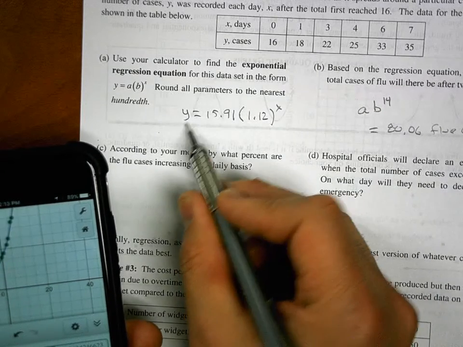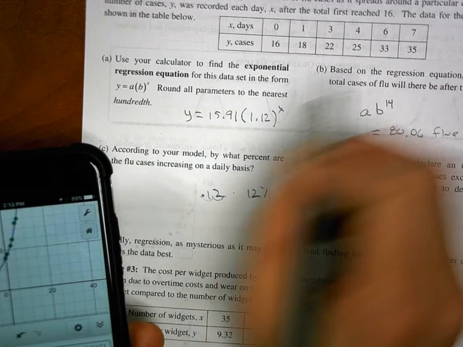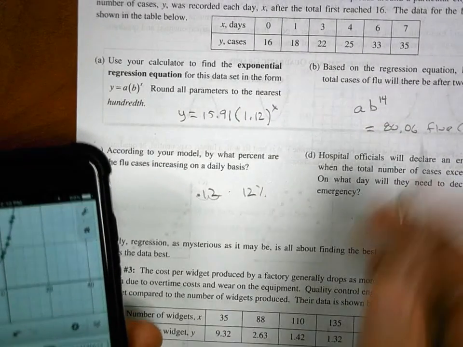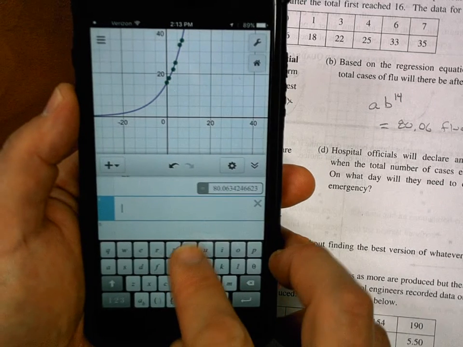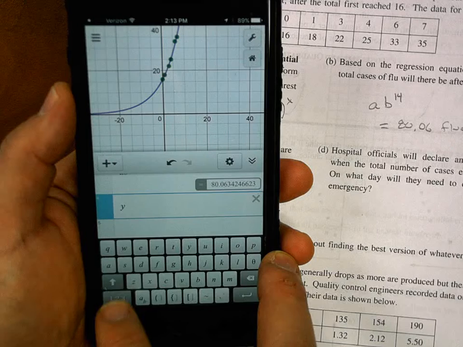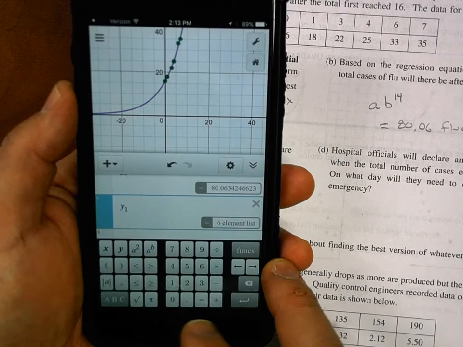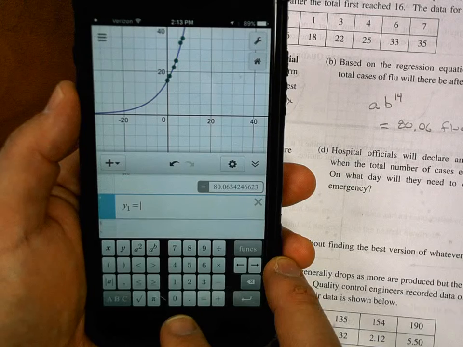The y. Y is the number of cases. So I'm going to try this. I'm going to type in y sub 1, and push equals 200.